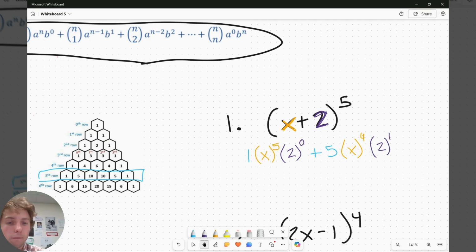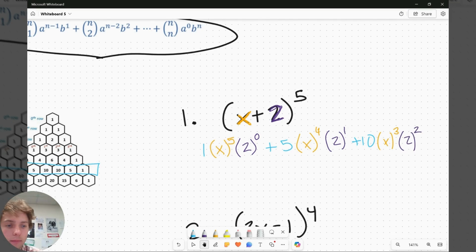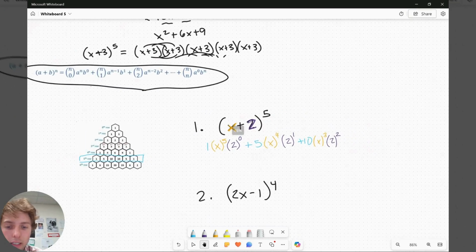Now it's 2 to the 1st. We continue that process. The next value of Pascal's is 10. We multiply that with our first term with 1 less in the exponent. And you multiply that with the second term with 1 more in its exponent. And as you keep expanding this, you keep following that exact same process.